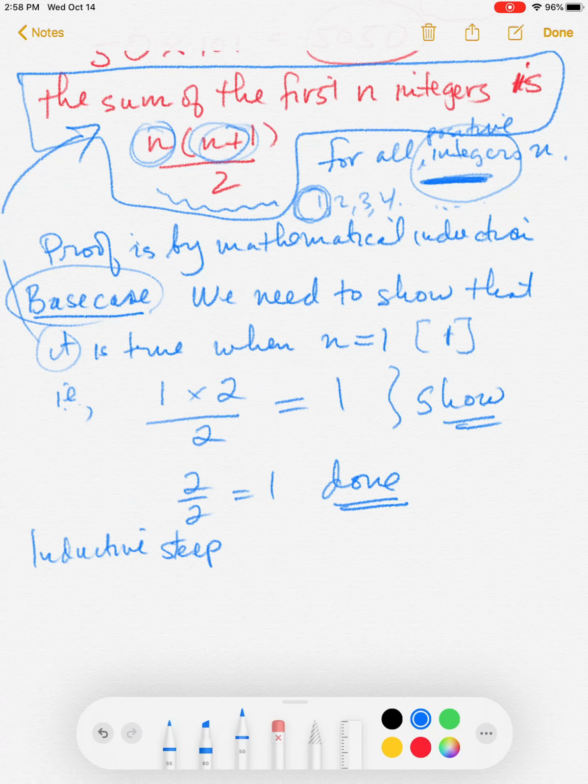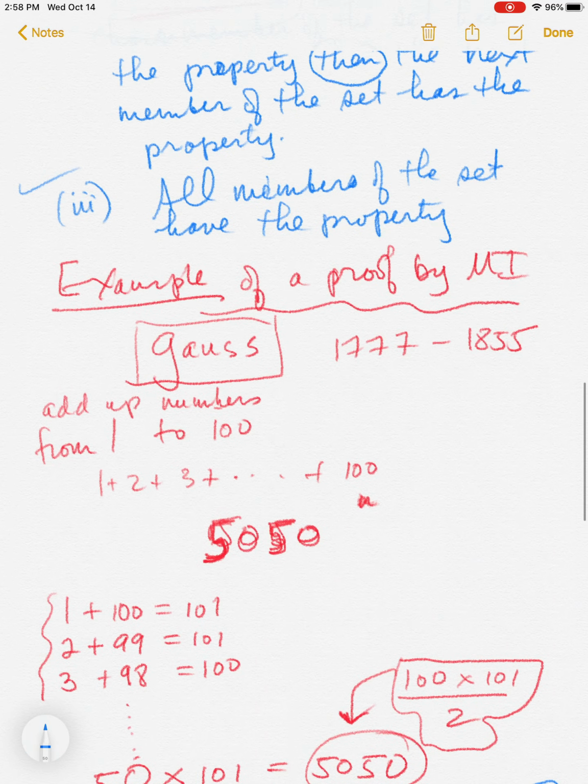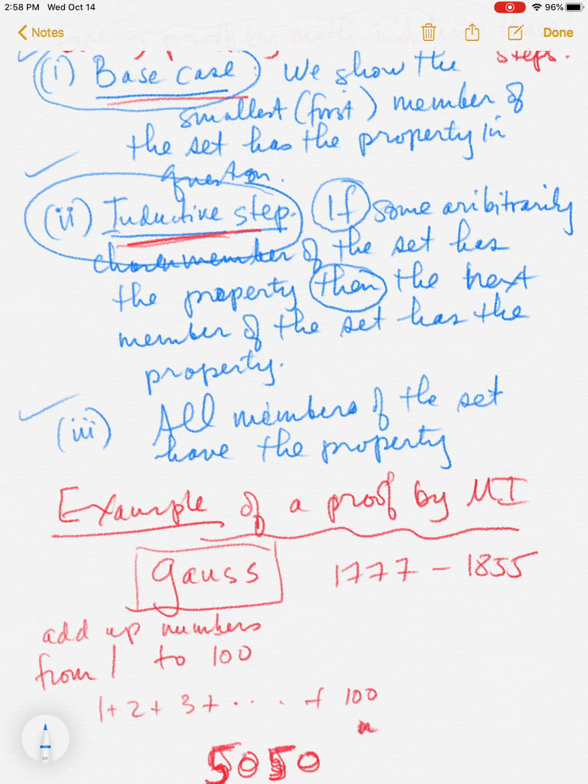And so remember, what the inductive step tells you is that what you want to show is that if some arbitrarily chosen member of the set has the property, then the next one in line has the property.